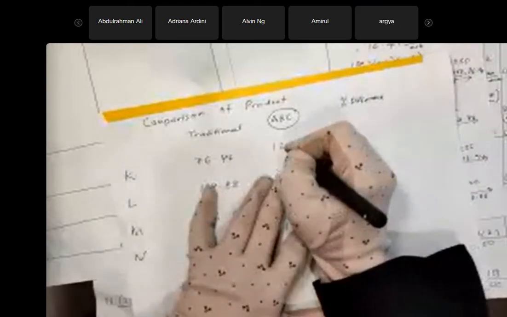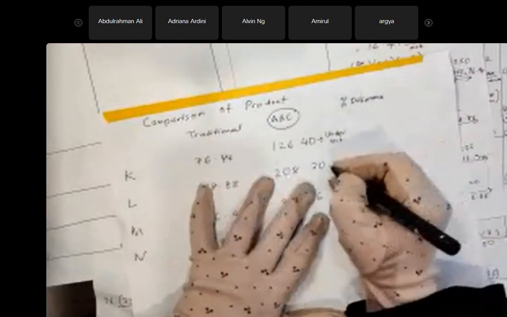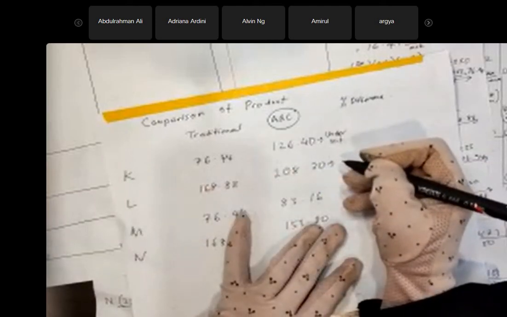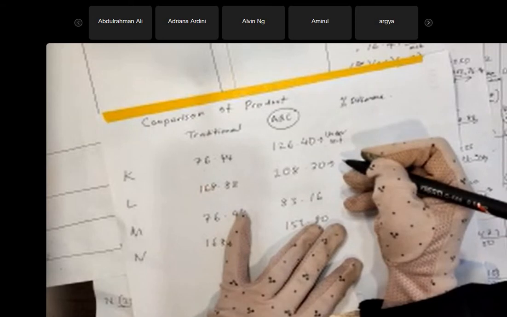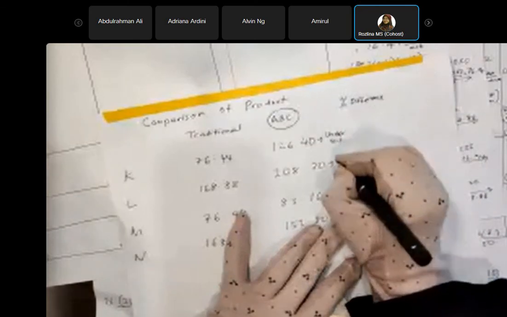Because the actual is 126, but the traditional has 76 only. So it is under cost.